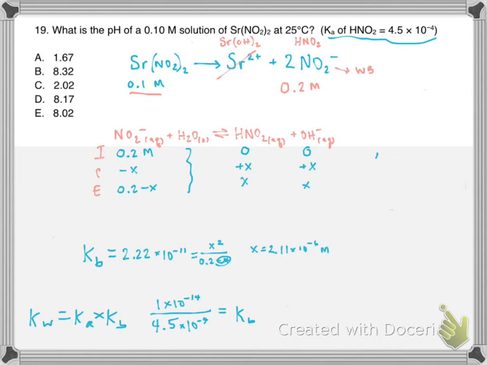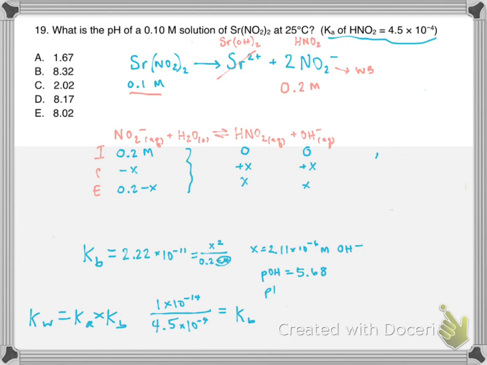And if we look up at our ice table, we can remember that this was telling us about our hydroxide concentration. So when we go ahead and take the negative log of that number, we get our pOH, which is 5.68.